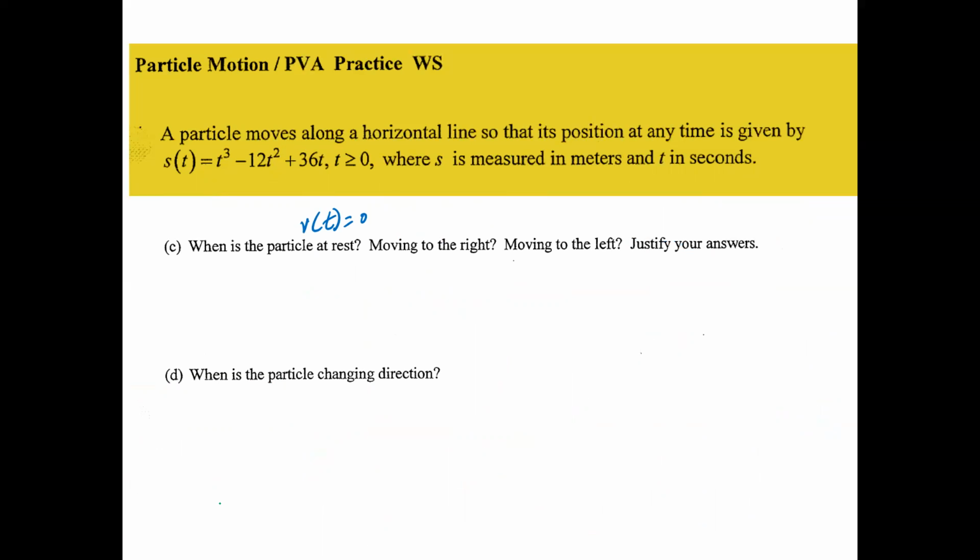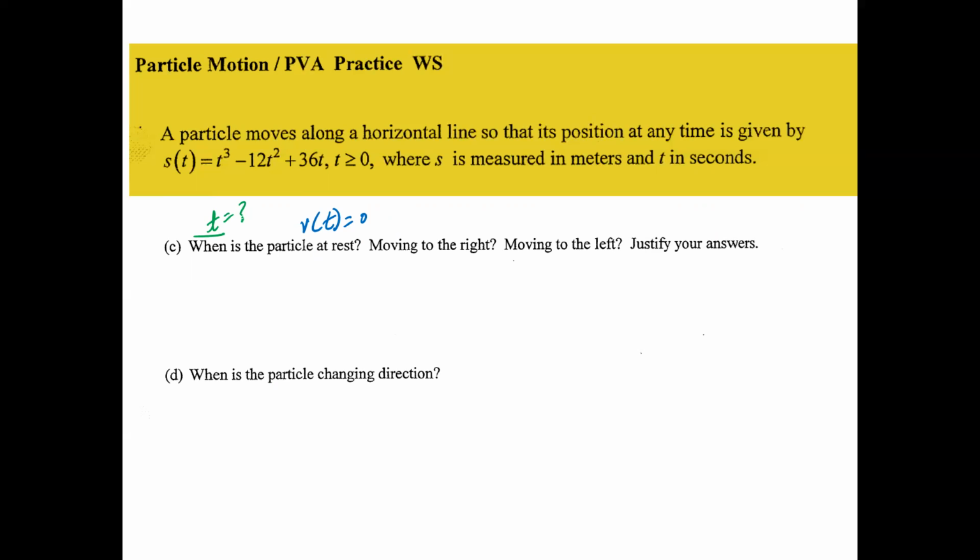Okay, so if you're looking at this for time, this is when, meaning that we're going to have to find time. That means I will have to go ahead and modify the position function.